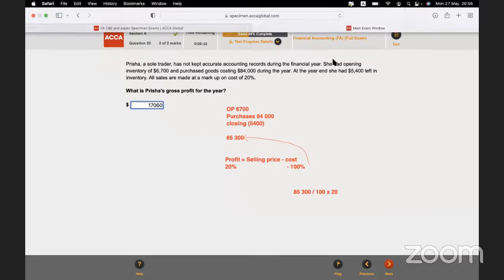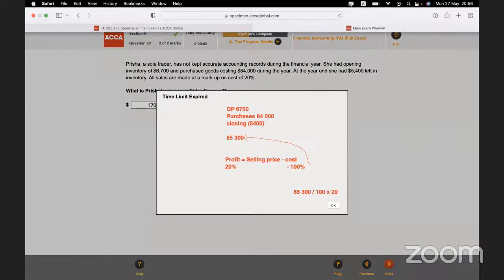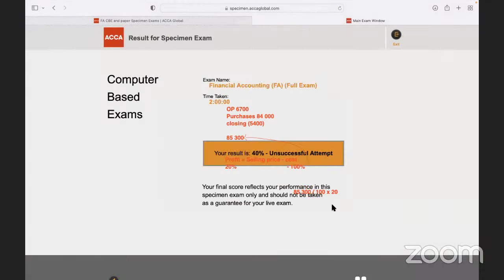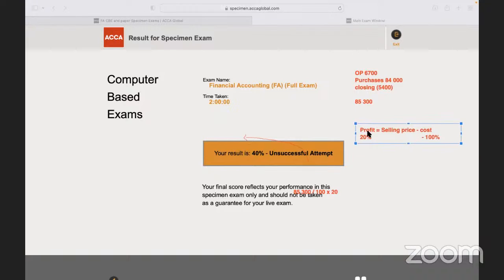Right. Okay, so guys, then just copy down the working for this question. This is how it's supposed to be done. Wait, guys, I'll just show you the working over here.